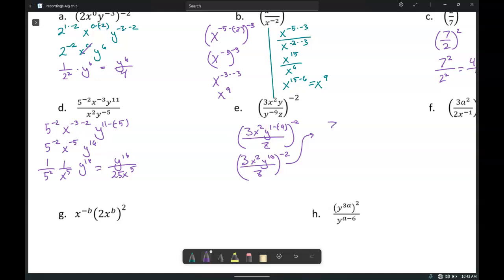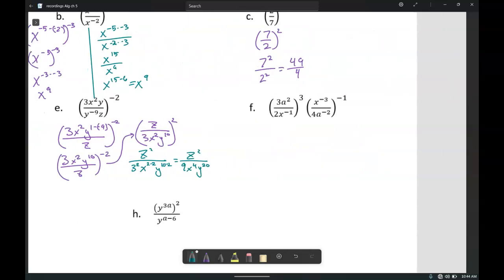Our reciprocal is now going to be z over 3x squared y to the 10th. But instead of the negative second power, now it's positive. And then we can apply our power rule. Squared, 3 squared, x to the 2 times 2, and y to the 10 times 2. Squared over 9, x to the 4th, y to the 20th.